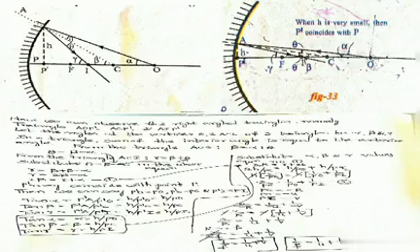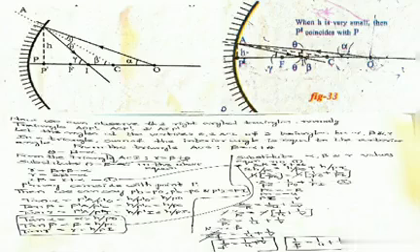P to I is called the image distance. Object distance is denoted by u, image distance by v. P to C is called the radius of curvature. P to F is called the focal length. Like this, all distances should be measured from the pole.